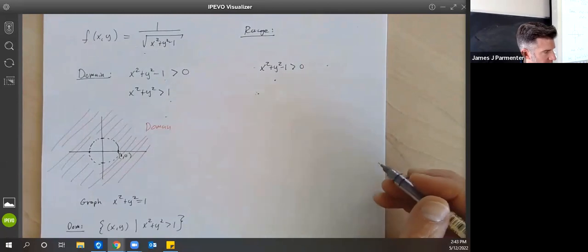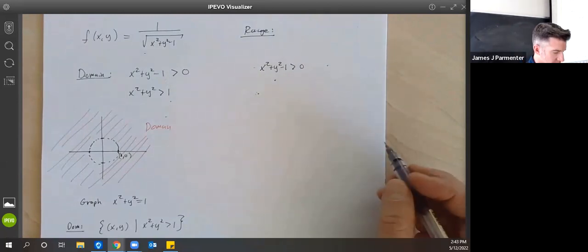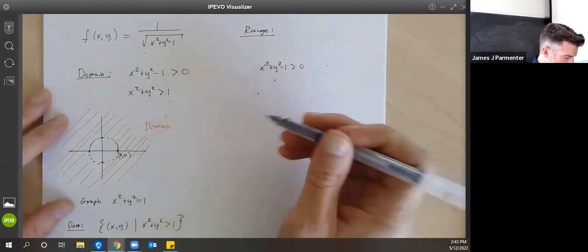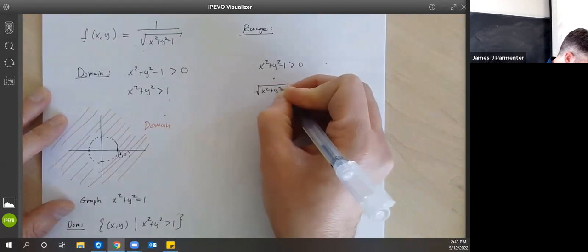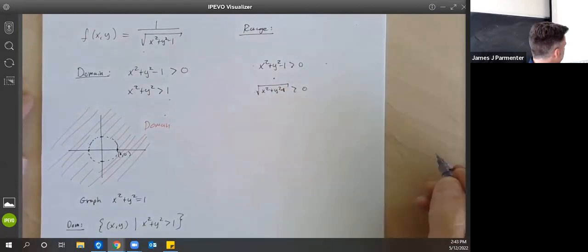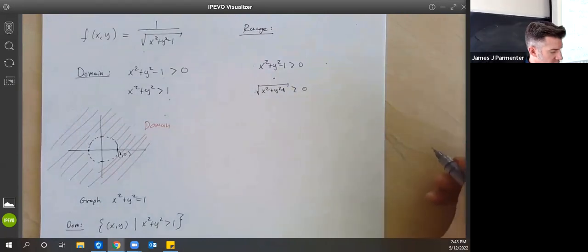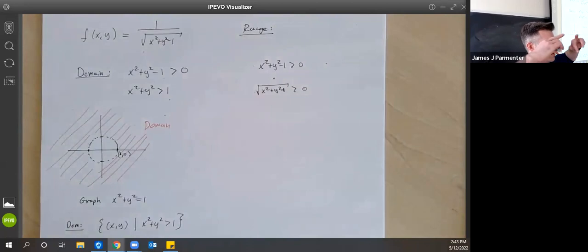So then I know the square root of that also has to be greater than 0. Take the square root of something positive, it's still positive. And then I'm going to take the reciprocal of both sides of this inequality, which might feel like the wrongest thing ever, but it's okay.